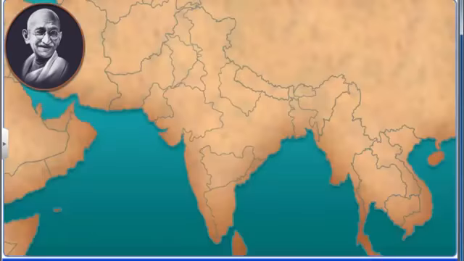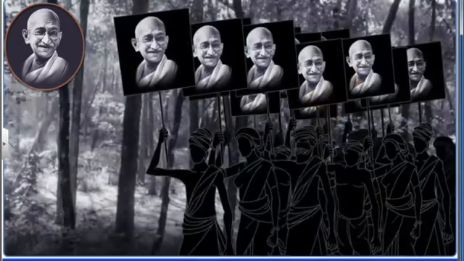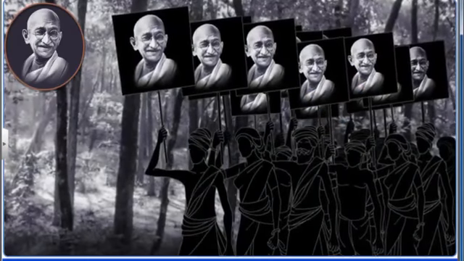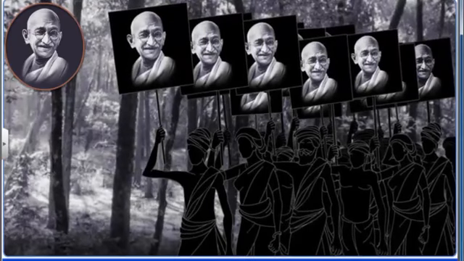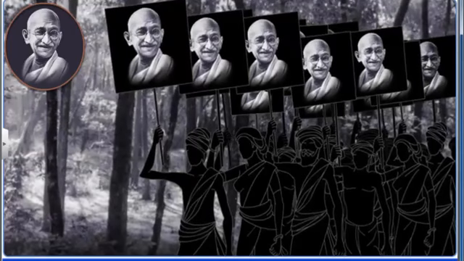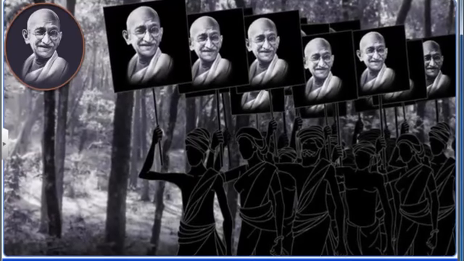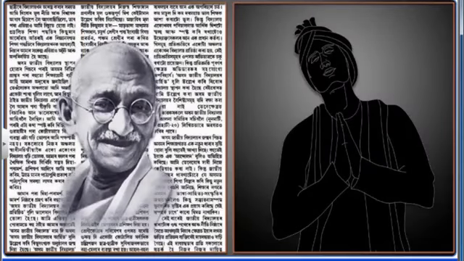Whereas in Assam, tea plantation workers boycotted the plantations and declared that it was the wish of Gandhiji to do so. They also shouted slogans of Gandhi Maharaj Ki Jai, demanding an increase in their salary. The references to Krishna in some religious Assamese songs of the time were changed to Gandhi Raja.